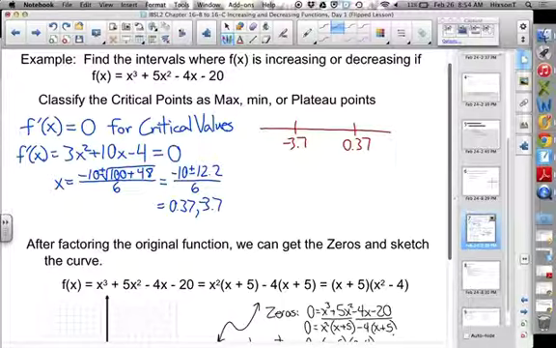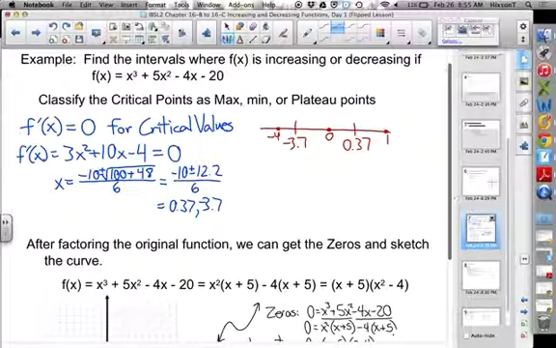Okay? Now how do we do that? We're going to pick a value in each region. You don't have to get super creative, just pick the easiest one to evaluate. Alright, so I'm going to pick 0 here, and 1 here, and we'll go with the negative 4 here.